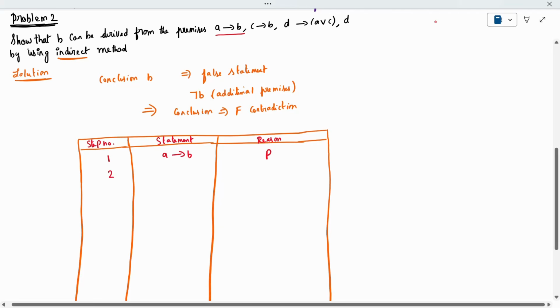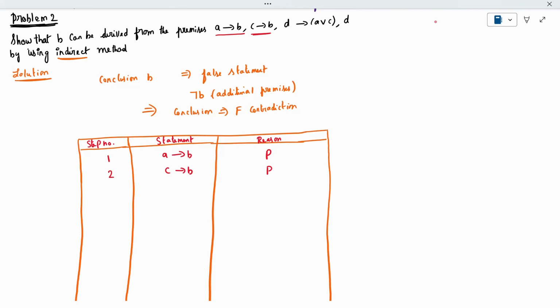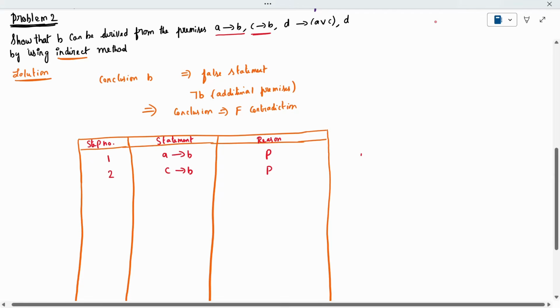Second, one more variable I will introduce. C is conditional on B. So it is the same P rule, premises. Now you check: when you have the same variable on the right hand side, it is the same. In your previous problem itself we used it; it is called the equivalence rule. So equivalence rule, you check in the question. It's a disjunction symbol, so I have to combine.